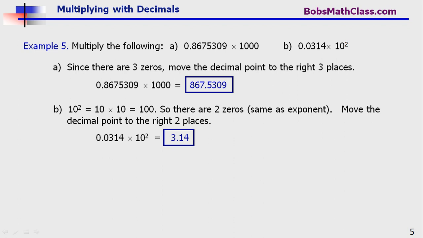So 3.14. You might know that number already. That's a decimal approximation for pi. Pi is a Greek letter, and its numerical representation is 3.14. We'll talk about this number further when we get to circles.